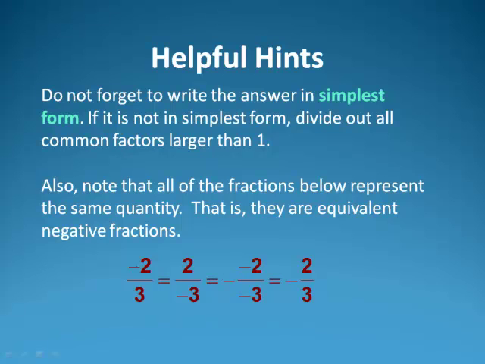So here, negative 2 over 3 is the same as 2 over negative 3. It doesn't matter that we shuffled the negative sign down. If you have an odd number of negative signs, you've got 1 here, 1 here, and 1 here, as long as you have an odd number, that's the same. And you could also pull that negative out in front so it wasn't in the numerator or the denominator, and those would all still be equivalent.